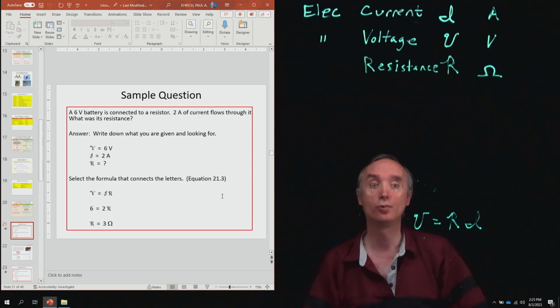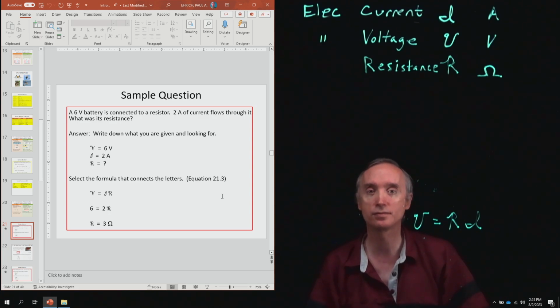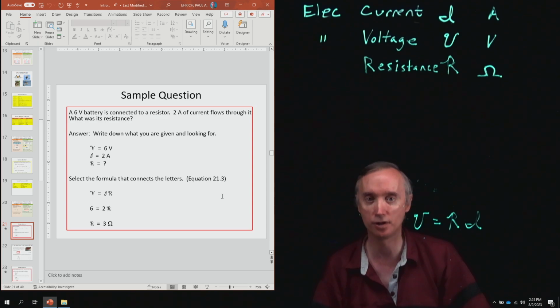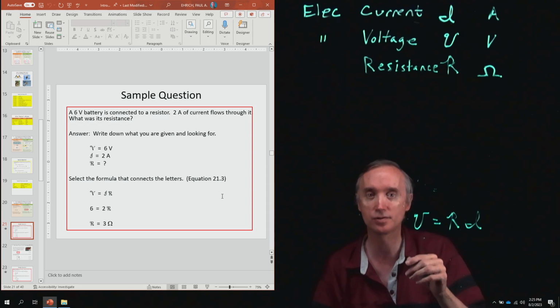So here is a word problem. A 6-volt battery is connected to a resistor. 2 amps of current flows through it. What was the resistance of the resistor? So you always begin by writing down what you know. So it said a 6-volt battery.